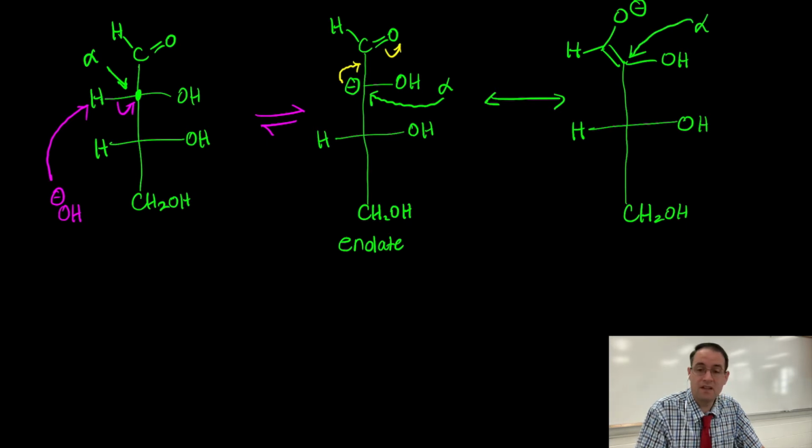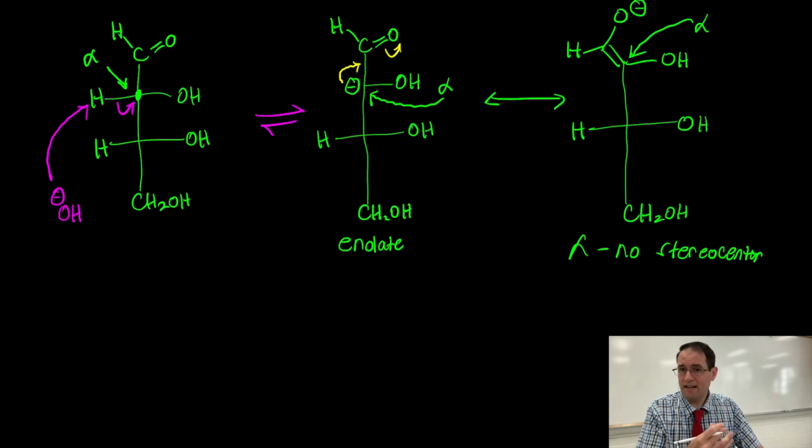And you can see how the alpha carbon has lost its stereochemical information. The alpha carbon is not a stereocenter. There's an alkene to that. So what we say is that it's planar.